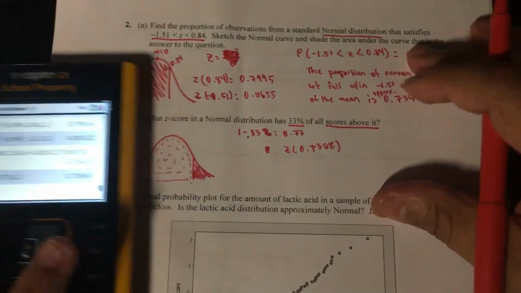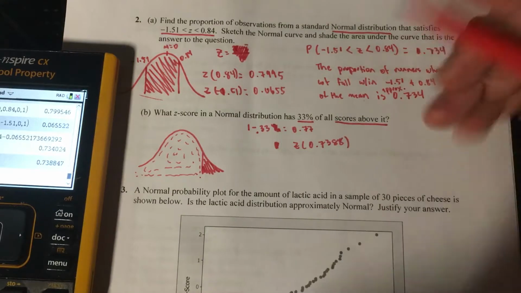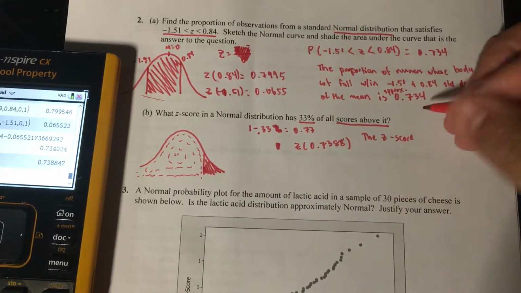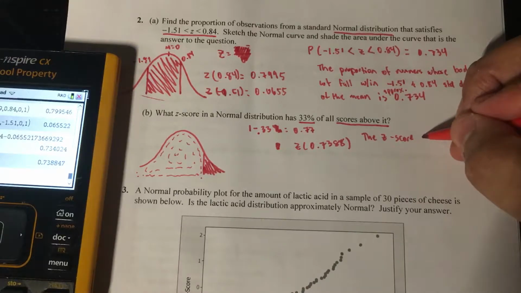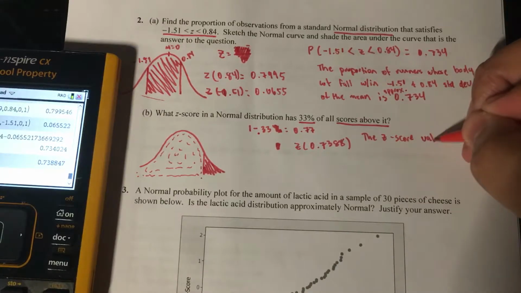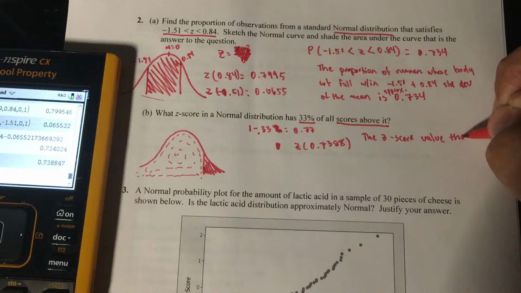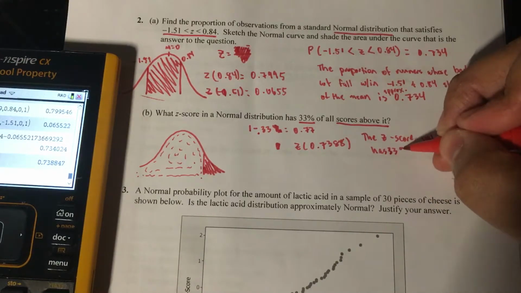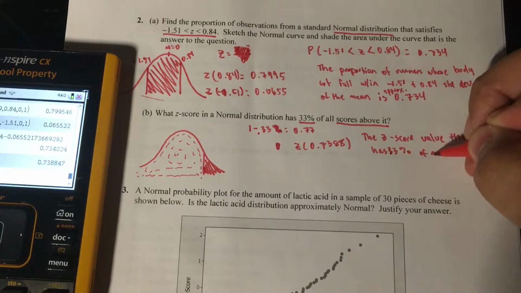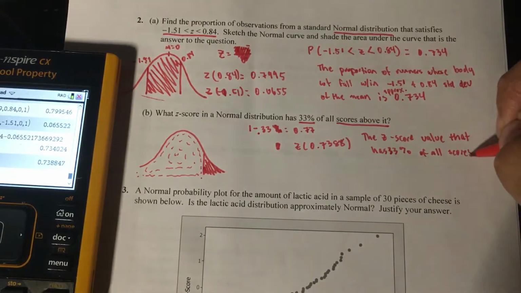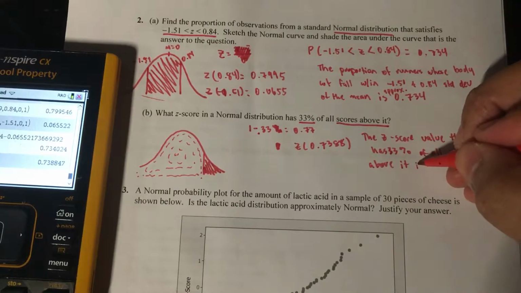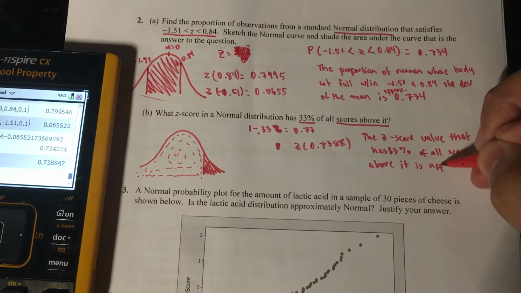So the z-score value that has 33% of all scores above it is approximately 0.44.